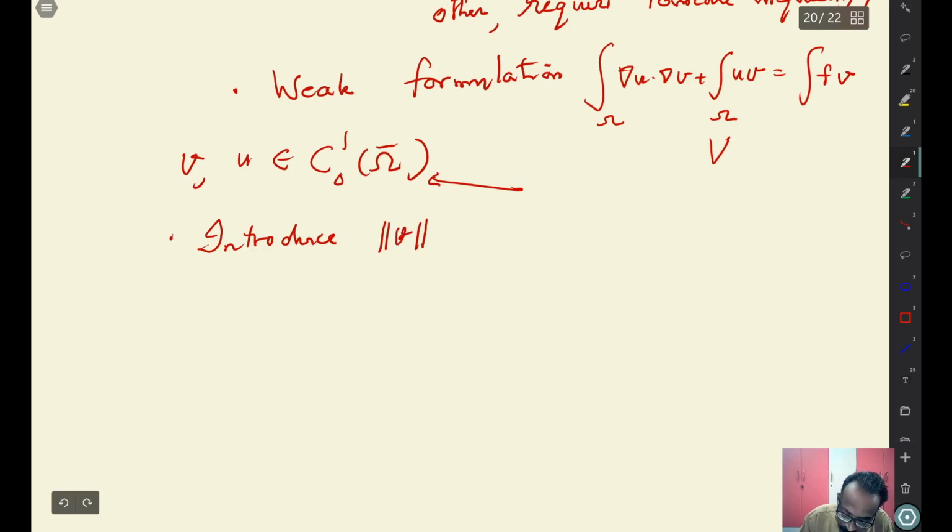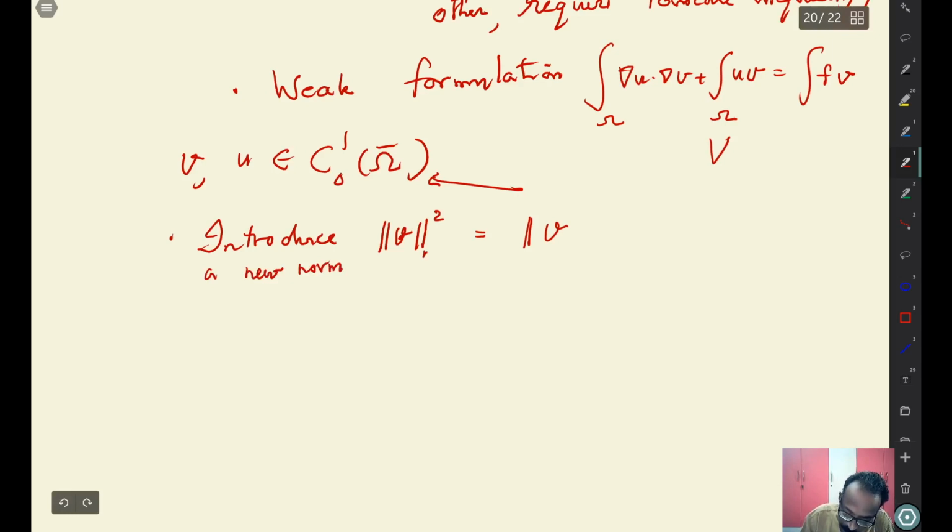So the norm of v, let me write it in the square form. This norm is not the L2 norm. I am introducing a new norm.